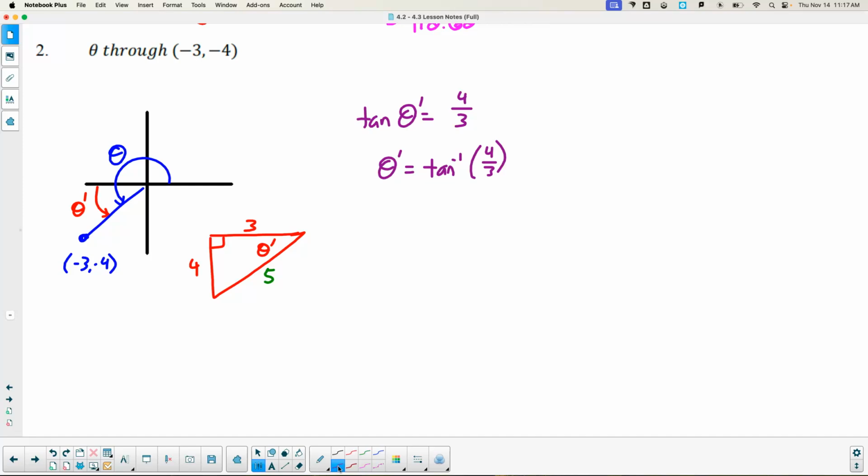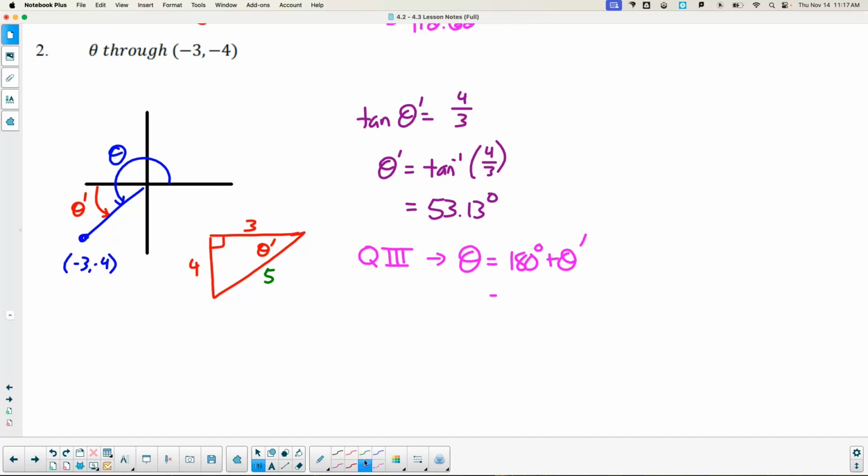The inverse tangent of 4/3 is 53.13. Because we are in quadrant number 3, actual theta is going to be 180 degrees plus my reference angle.